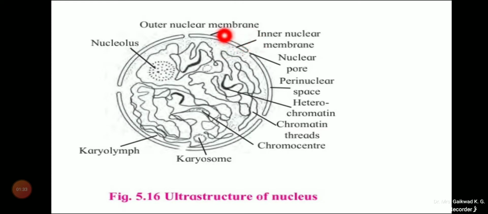The outer nuclear membrane is connected with the endoplasmic reticulum at places. We studied this earlier in the endoplasmic reticulum topic, that the rough endoplasmic reticulum has ribosomes on its wall, and this endoplasmic reticulum is continuous with the nuclear membrane.